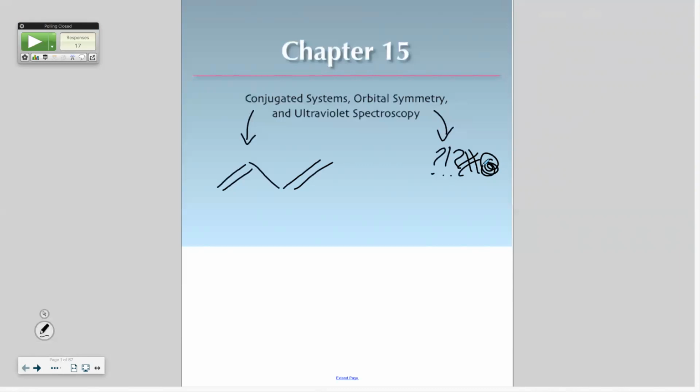Do you know anything about the ultraviolet spectrum? Did you not do a little bit in Gen Chem? Did you not put little cuvettes in a machine and look at them? They have a special name, those things. Something to do with some color.